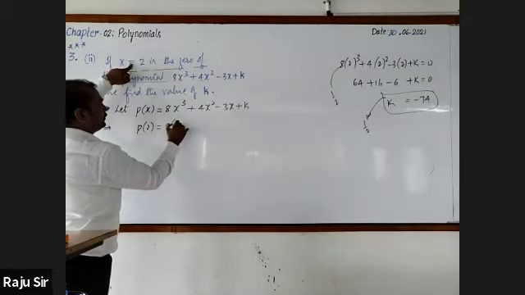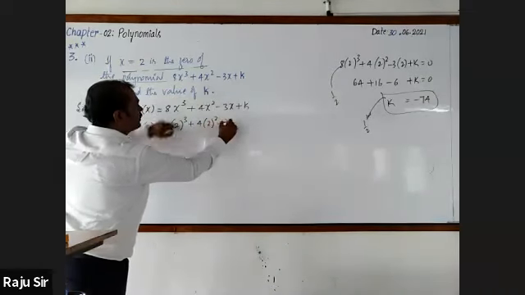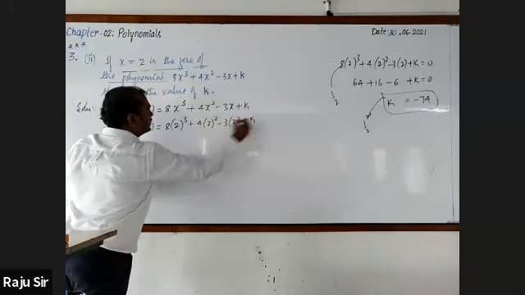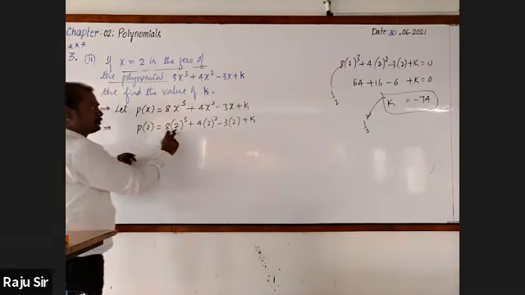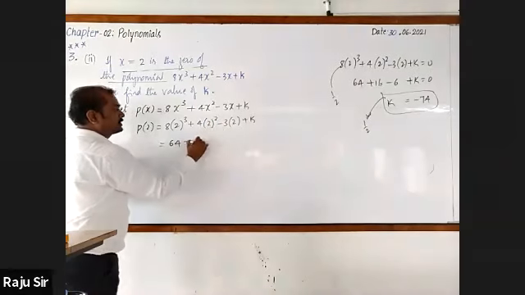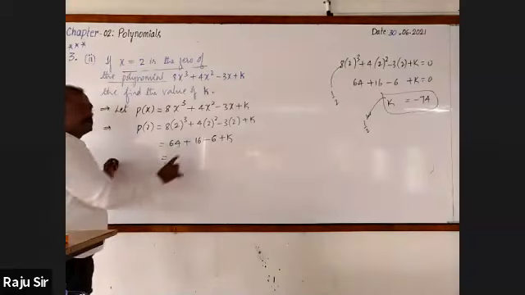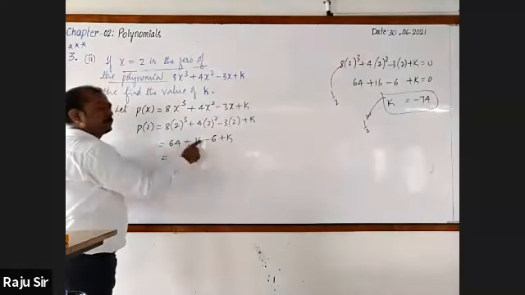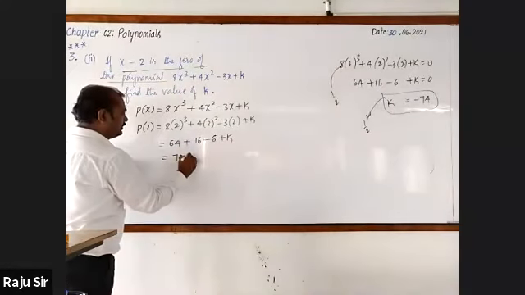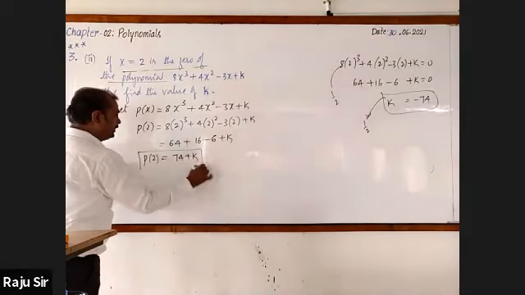Here 8 into 2 whole cube plus 4 into 2 whole square minus 3 into 2 plus k. 2 cube is 8, 8 8s are 64, 2 square is 4, 4 4s are 16, minus 6 plus k. 16 minus 6 is 10, 64 plus 10 is 74, 74 plus k. This is the value of p of 2.